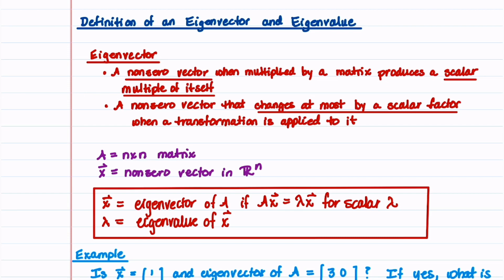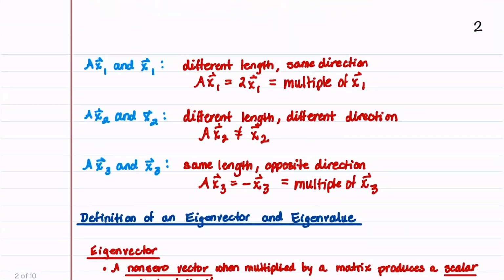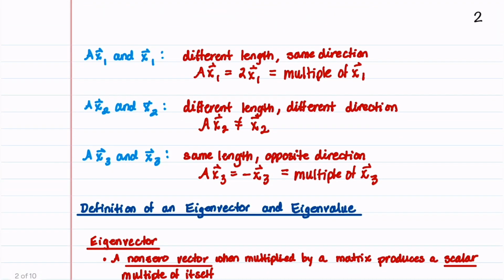Let's go back up to the top of the page and let's see what this means for our x1, x2, and x3. Since Ax1 is equal to a multiple of x1, we say that x1 is an eigenvector of A, and 2 is our corresponding eigenvalue.